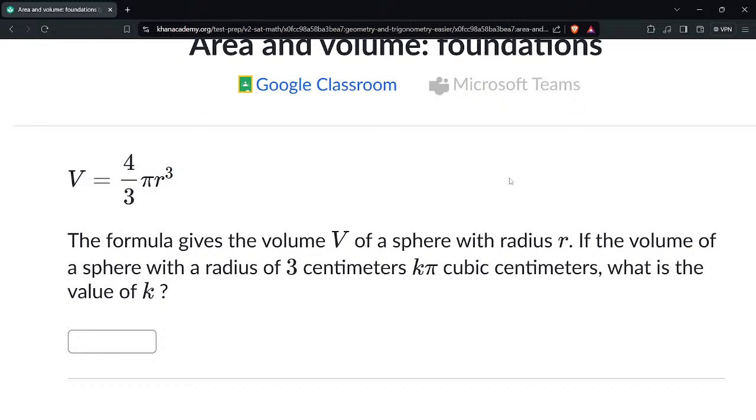I'm so dumb. The volume is equal to 4 by 3 pi times 3 cubed. 3 squared is 9, 9 times 4 is 36.